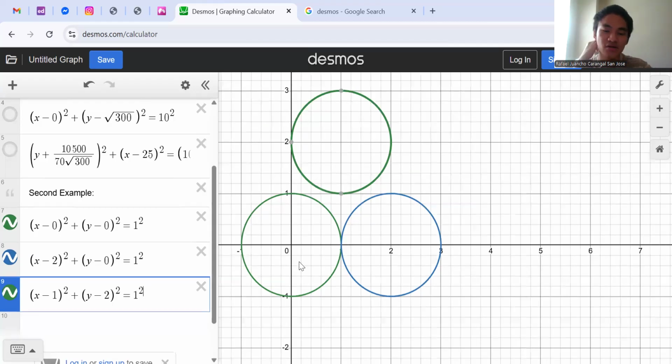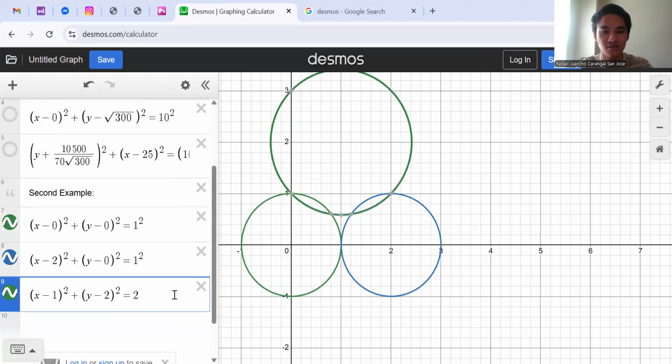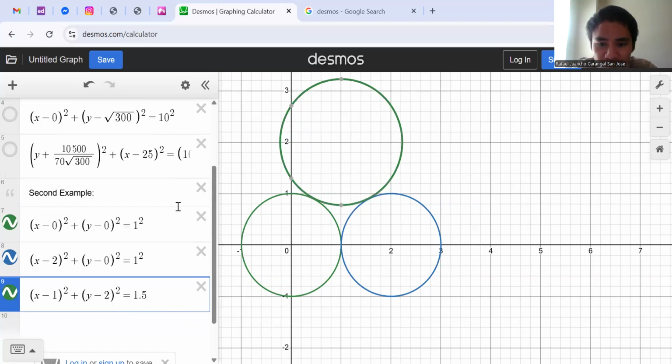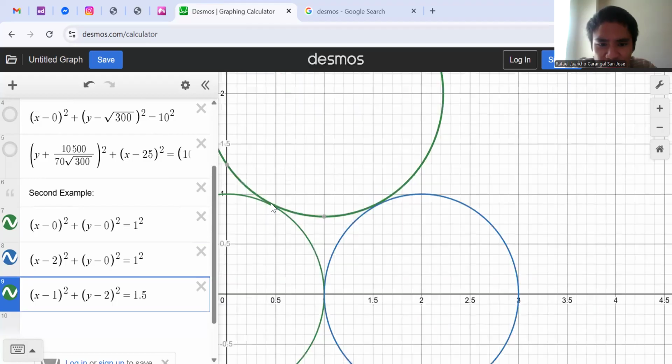Okay, I think this will work because the radii are equal. What if we were to make it bigger? If we did that, oh, now it doesn't. 1.5. Oh, there you go. Does it? I can't tell if it intersects in some way.